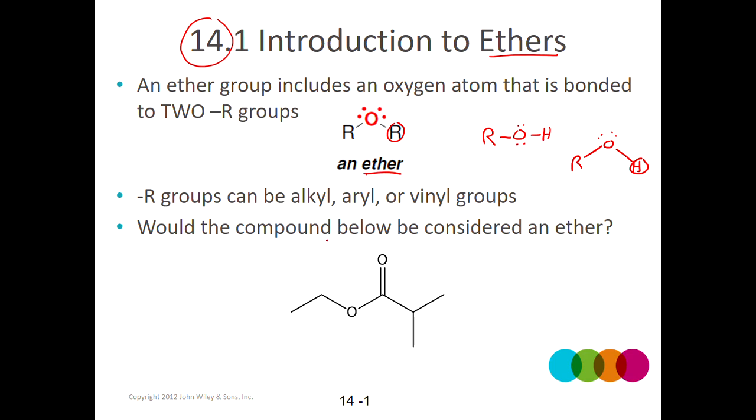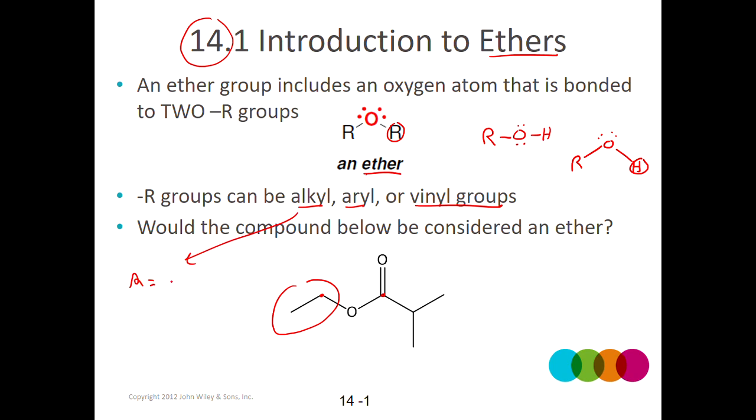So one common mistake that students sometimes make with ethers is it's not correct that any time a carbon is bonded on either side of this oxygen, this will be an ether, because the R group that's attached has to be some type of carbon that is bonded to hydrogens and carbons.